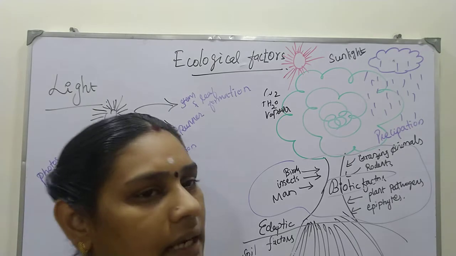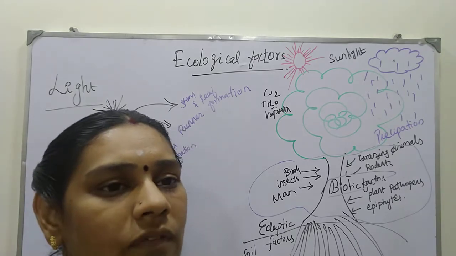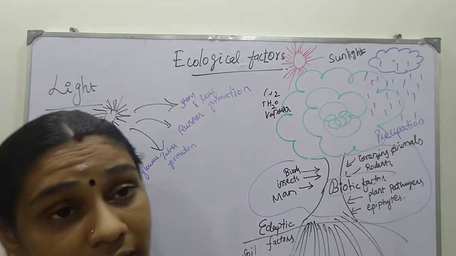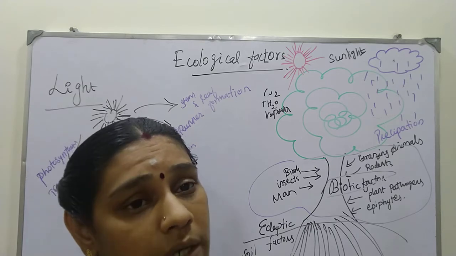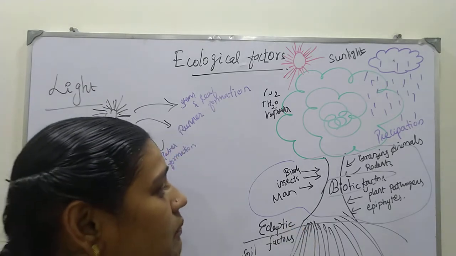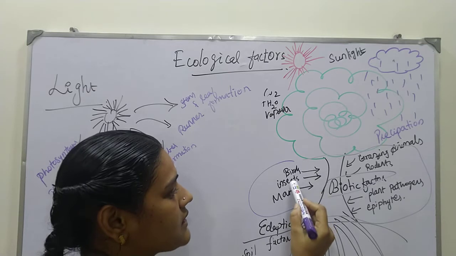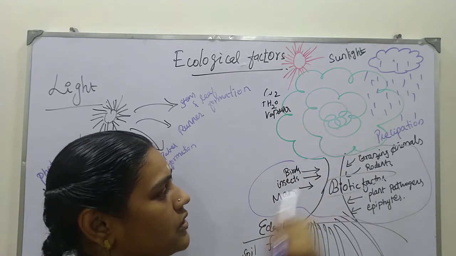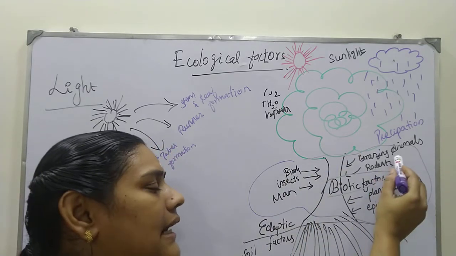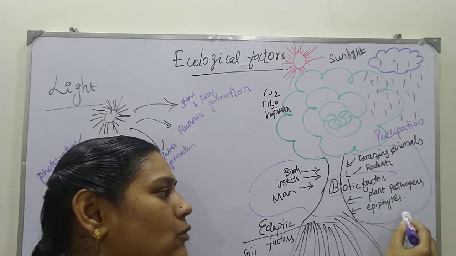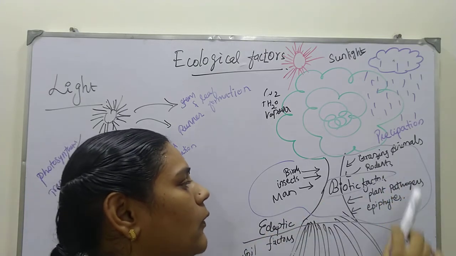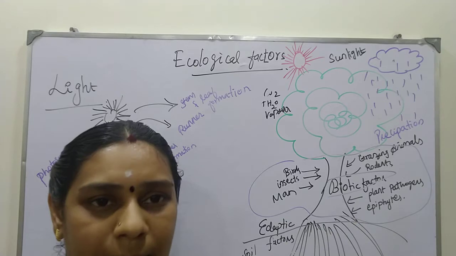As I said, three-fourths of this lesson is covered by ecological factors, and we will discuss them one by one. If you take the biotic factors of this plant, they are birds, insects, humans, grazing animals, rodents, plant pathogens and epiphytes. These biotic organisms also coexist with this plant.